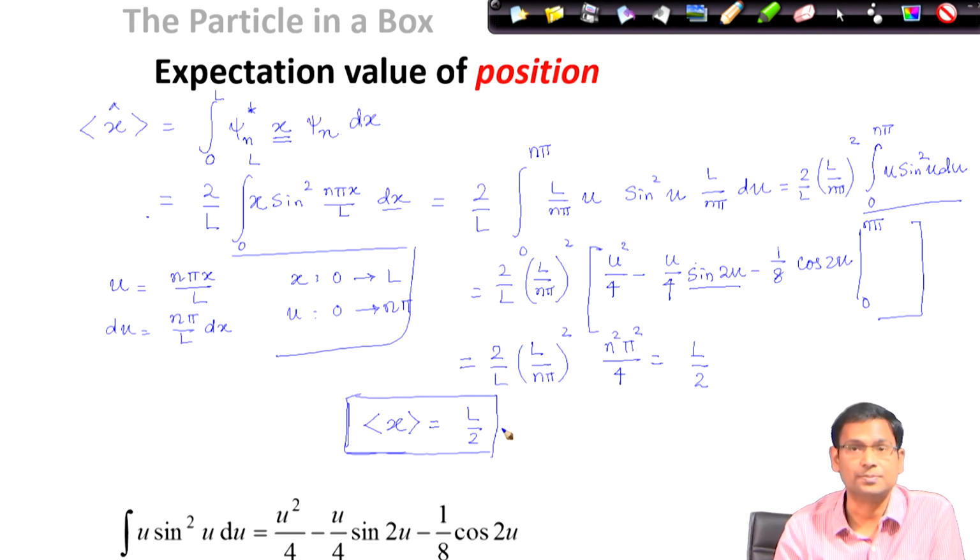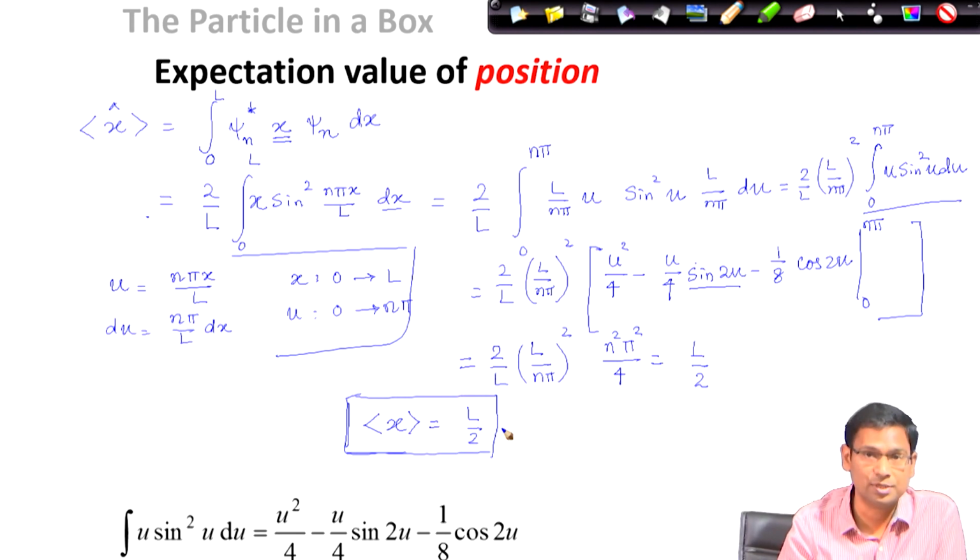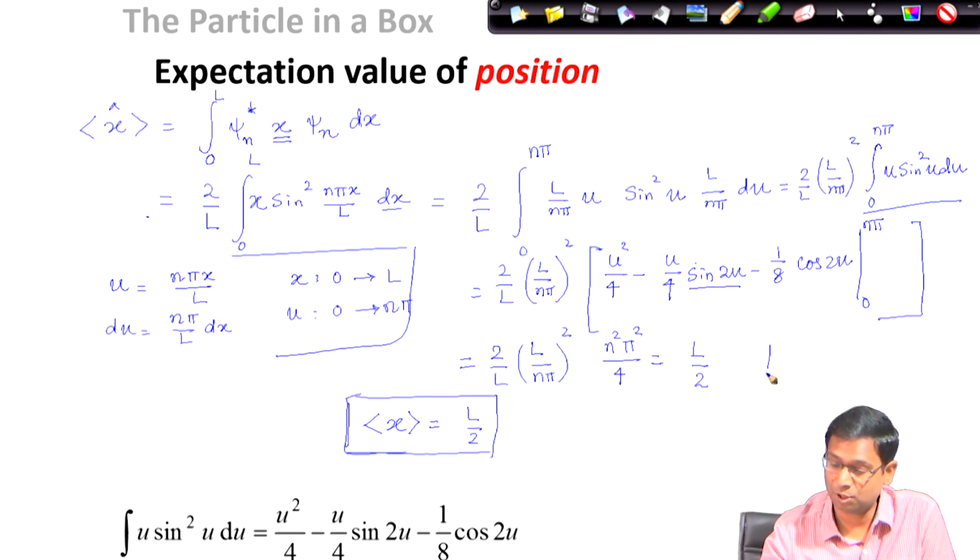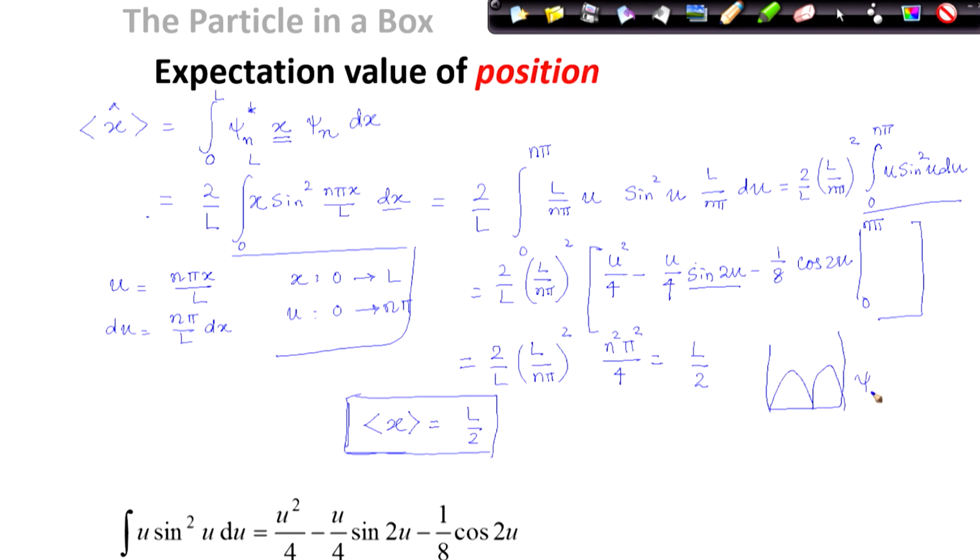What does this mean? This means that the average position at which I am going to observe the particle is exactly at the middle of the box. There is a paradox here. If you remember your probability density plot for n equals 2, this is psi 2 star psi 2, you had at L by 2 your probability density was 0.